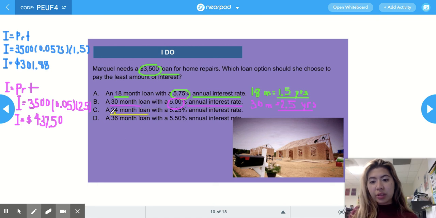Okay, on to the next option. We have a 24-month loan with 5.25 annual interest rate. So 24 months I know is 2 years, because 24 divided by 12 is 2. So I'm going to do the same thing that I have been doing, plugging in the principal, the interest rate, and the time to figure out what the interest earned is. So we have 3,500.